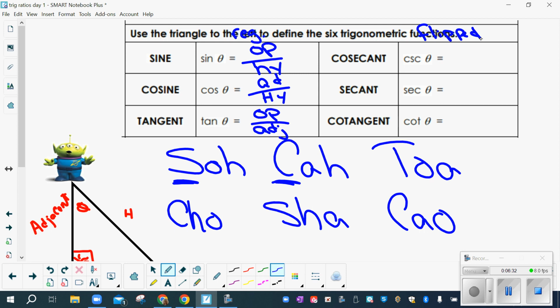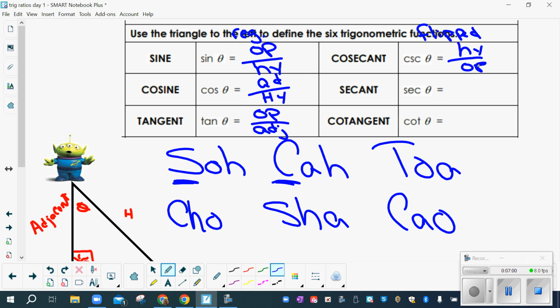We got these three new words: secant, cosecant, and cotangent. And it's like, oh my God, how do I know which one goes with which one? Cosecant is going to be friends with sine, and I'm going to give you a way to remember that in a minute. So if sine is opposite over hypotenuse, cosecant is hypotenuse over opposite.